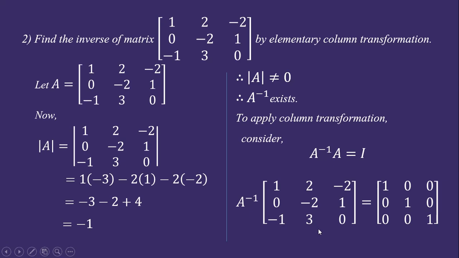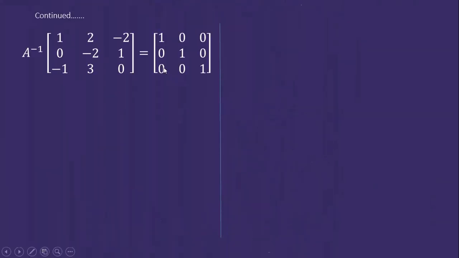Okay. So let us write the previous step again here. Now here we have 1, to get 0 here. Now if we observe these two elements, the second column and third column, these two elements are opposite numbers. Only C2 plus C3 will give here 0.